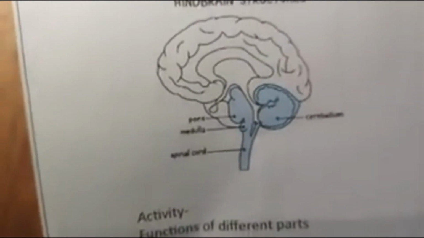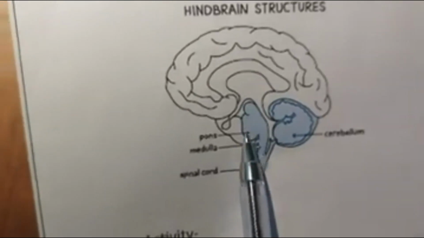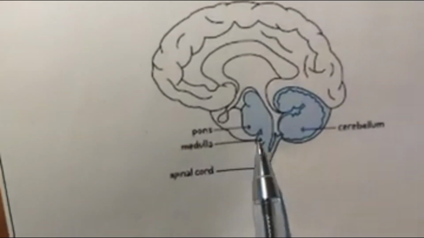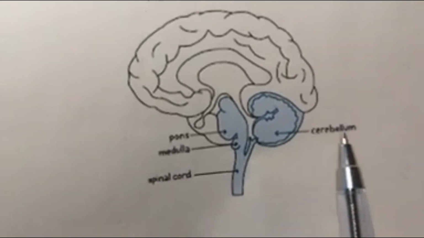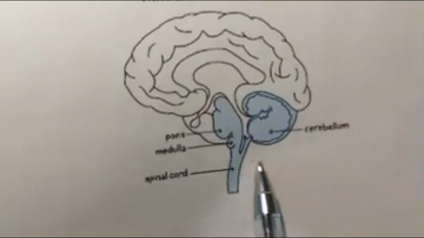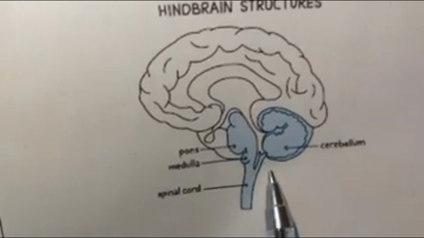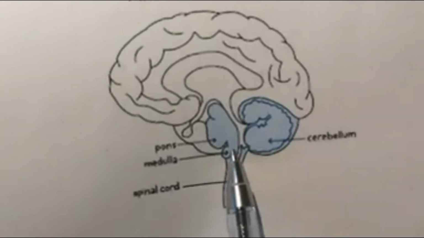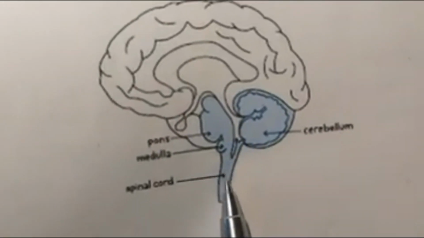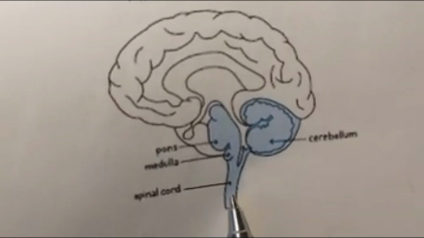The hindbrain consists of three main structures: the pons, medulla and cerebellum. Remember, these are very important structures in control and coordination of various voluntary and involuntary actions in the body. The medulla extends into the spine as the spinal cord.